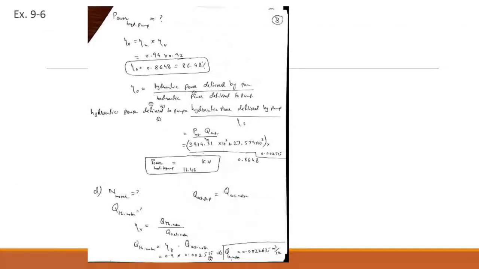So we put the values over the eta naught we just found. You simplify, and you'll get the power delivered to the pump, which is 11.46 kilowatt. This is the total power delivered to the pump to produce the required amount of pressure.